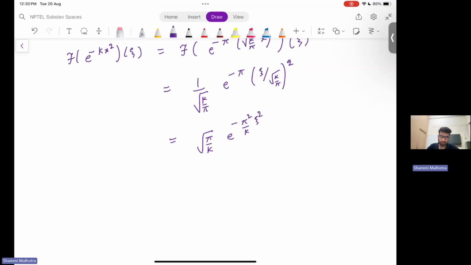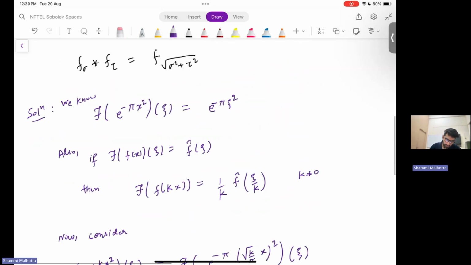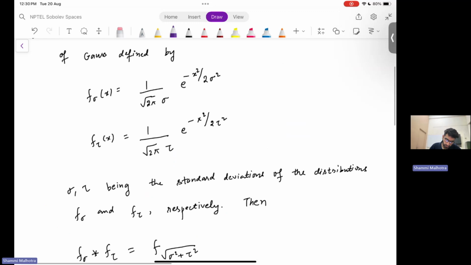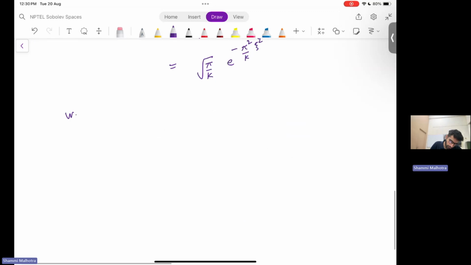Now in our situation, what do we have here? We have this f sigma in this particular form, right? So let us try to take the Fourier transformation of this thing. We have f sigma as 1 upon sigma root 2 pi, e minus x square whole divided by 2 sigma square.